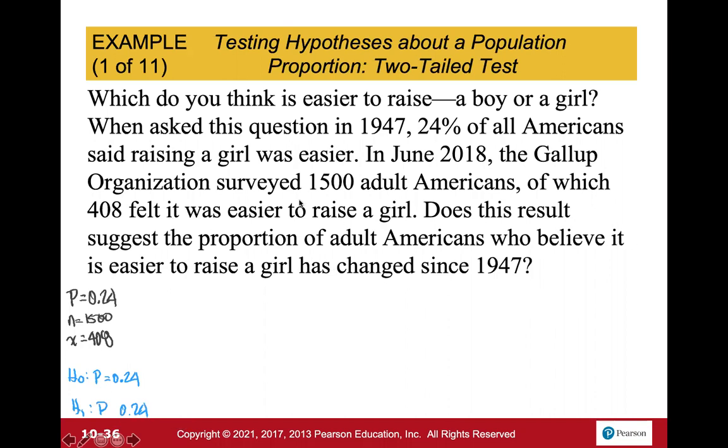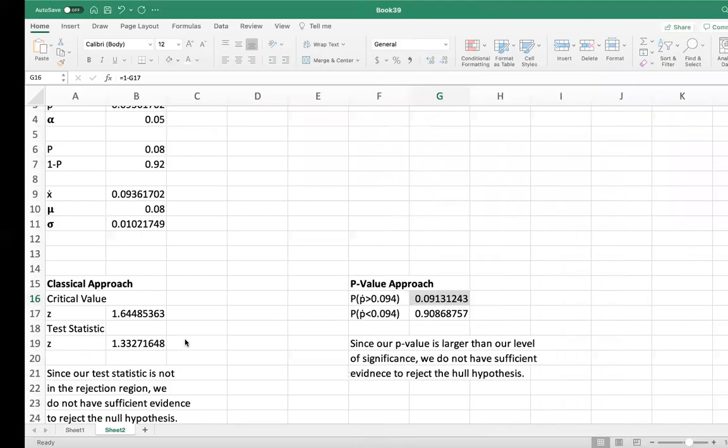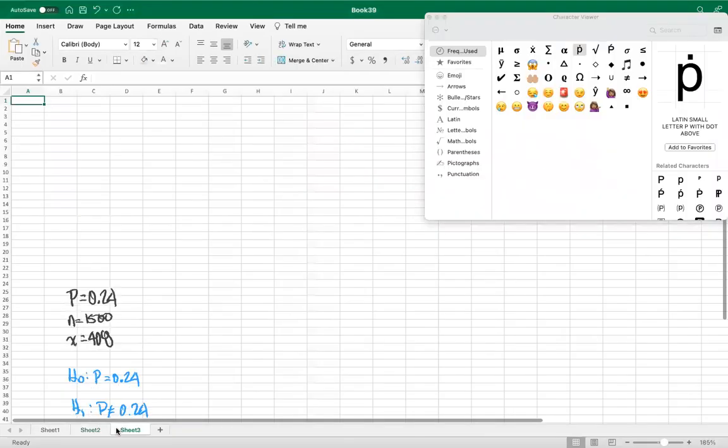Does this result suggest that the proportion of adult Americans who believe it's easier has changed? Here they're not stating greater than or less than, they're just stating has changed. So this is equal to and not equal to. And now with that, we could take it to Excel.